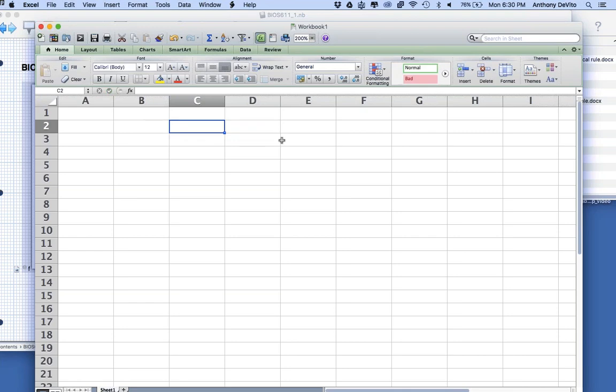Okay, so let's say, for instance, I'm going to hit escape here. Let's make up a situation. Let's say that the prevalence of diabetes in a population is 10%, and I randomly select 10 people from that population. What's the probability that exactly 3 out of 10 are diabetic? Well, I could use the probability tree to solve that.